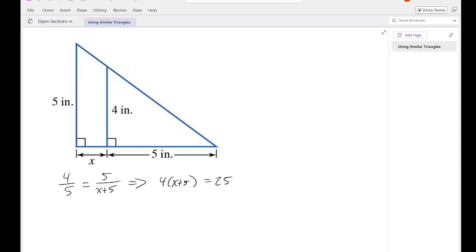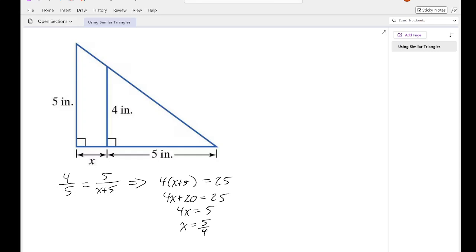And I can just distribute the 4. So 4x plus 20 equals 25. Subtract the 20 over. 4x equals 5, and then divide the 4 over, x equals 5/4.